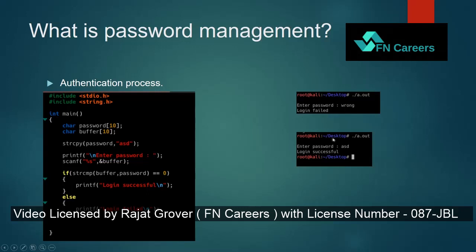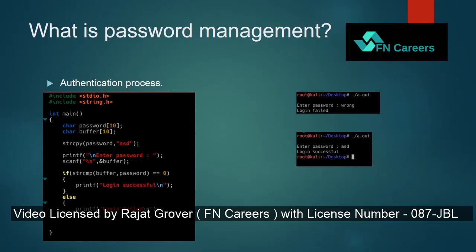Yeah, and now the second time we run that program, a.out, and of course you can compile with GCC using different names, so you don't have to run with a.out, but I've just compiled with the default name. So I'm running a.out, and now I'm typing the password ASD, so now the buffer is ASD, and therefore the value ASD is assigned to the buffer.